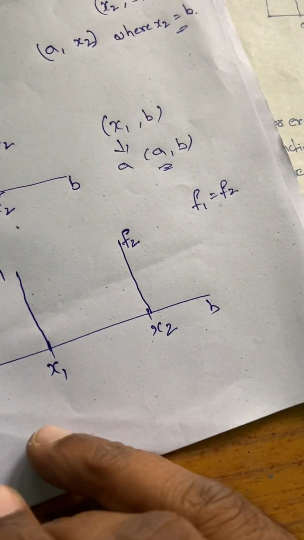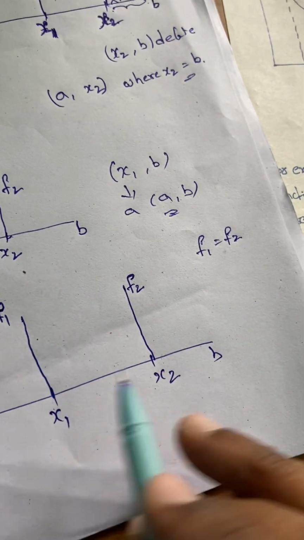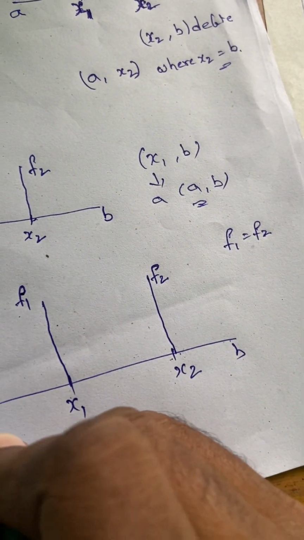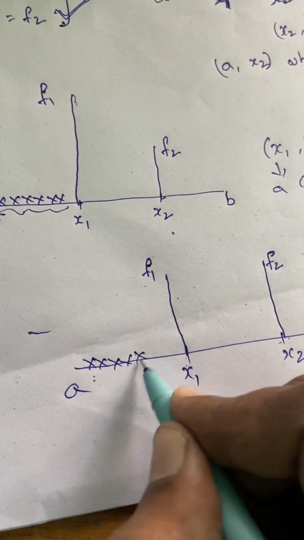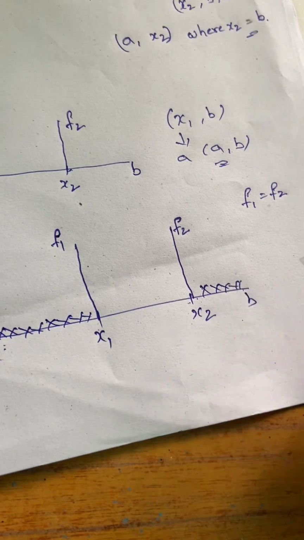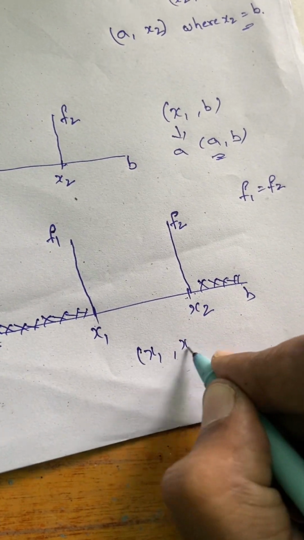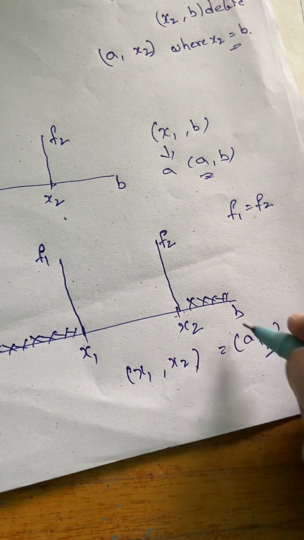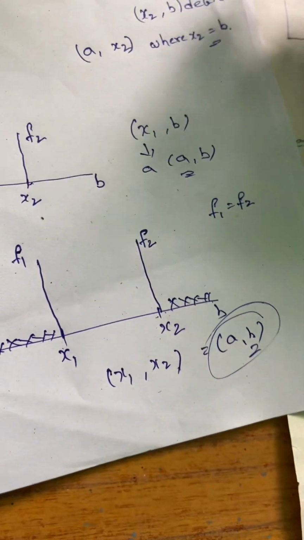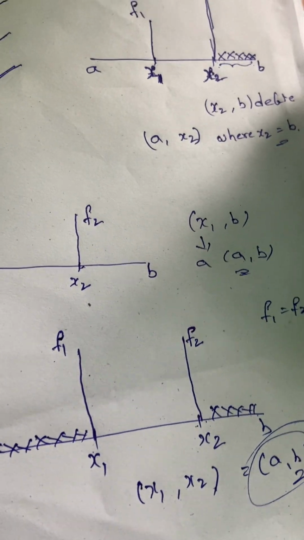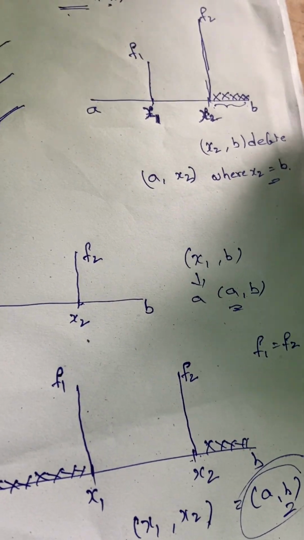Beyond a to x1 there was an increase in value, and beyond x2 to b there was an increase in value. So we delete the intervals a comma x1 and x2 comma b, and consider the new interval x1 comma x2, which plays the role of a comma b. Again, in this interval of uncertainty we place another two experiments, and solve the problem for finding a better minimum value.